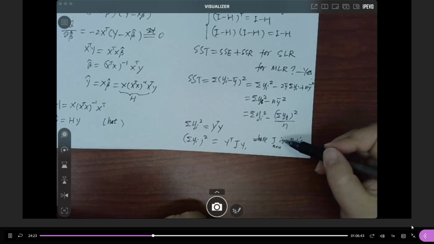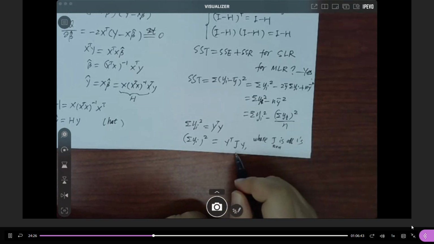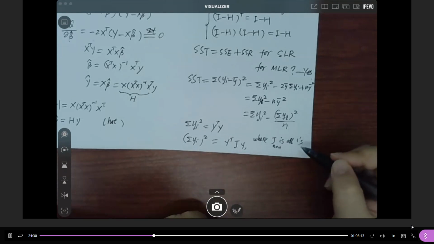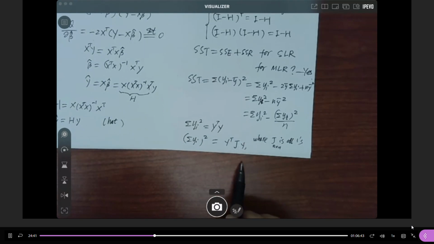J is n by n because the dimension of y is n by 1, right? It has all ones. So basically, you multiply by y transpose, you get a row vector. Each element is summation yi. Then you multiply by y again, you get the square of summation yi.